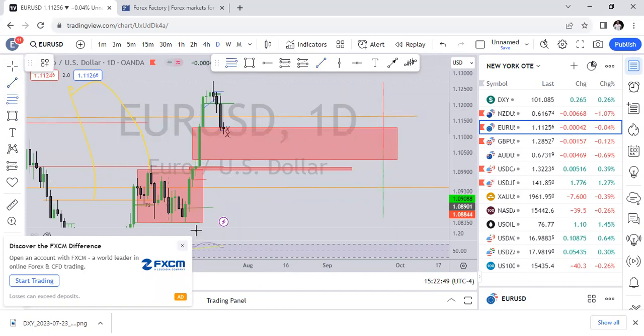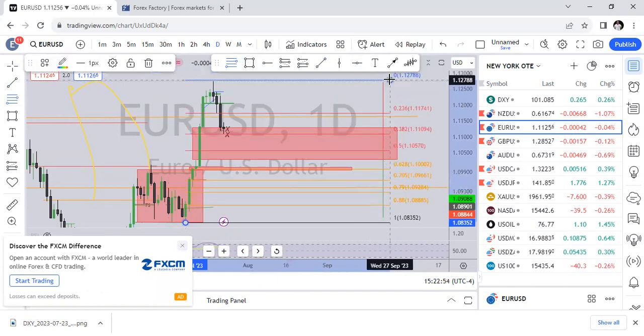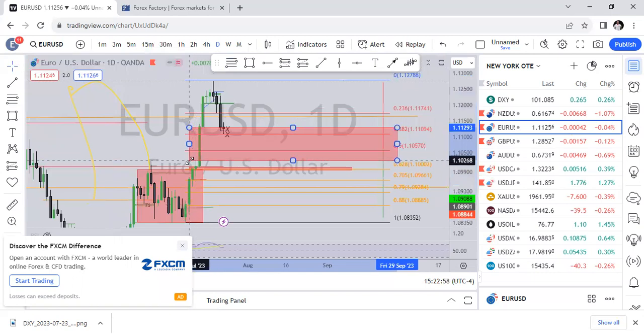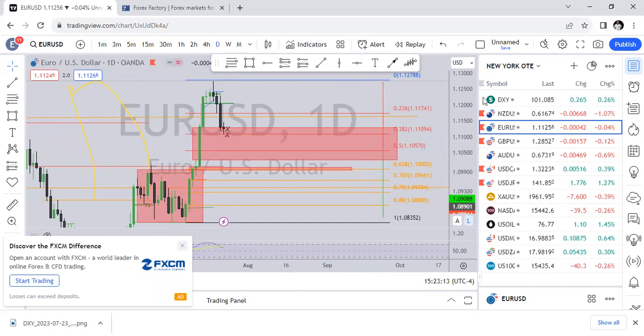Because if we return back our fib now, you see that fair value gap, the point where it will be completely filled in the daily is just short of, in between the 62, which is here, and the 50.